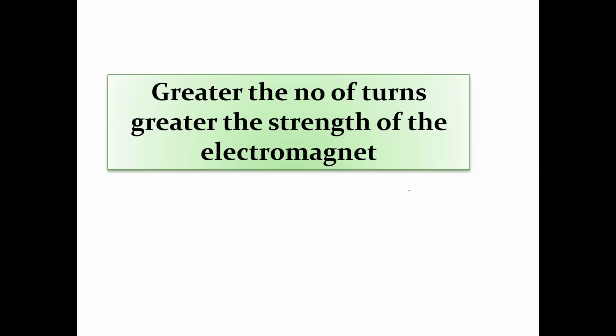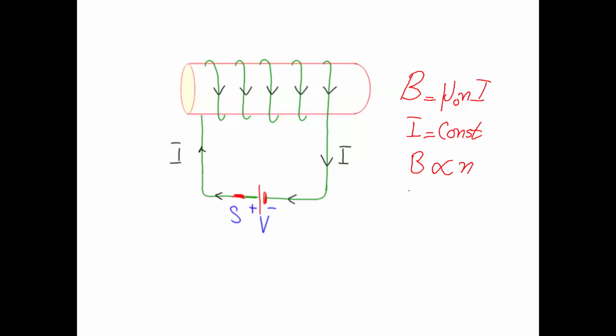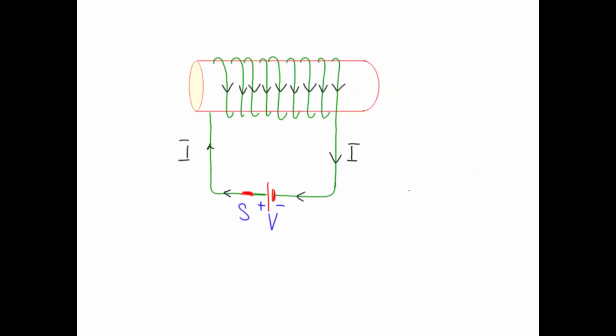That was the concept of number of turns. What was the concept of number of turns? Greater the number of turns, greater the strength of the electromagnet. Look at this. This is an electromagnet. If I increase the number of turns, will I get a stronger electromagnet? Good.